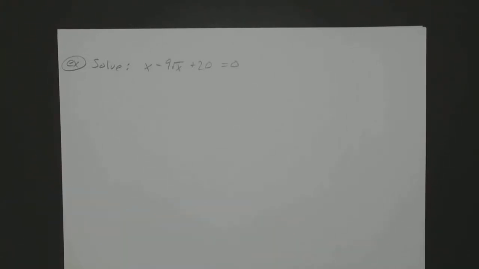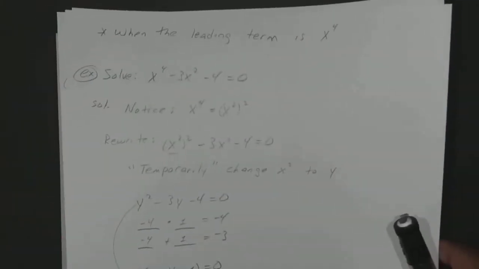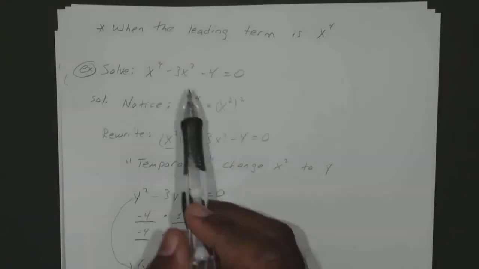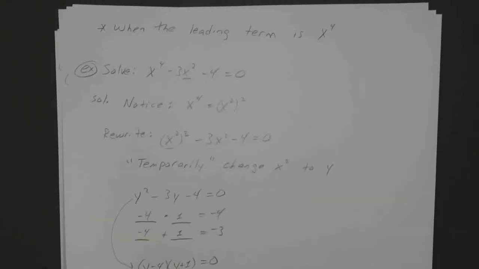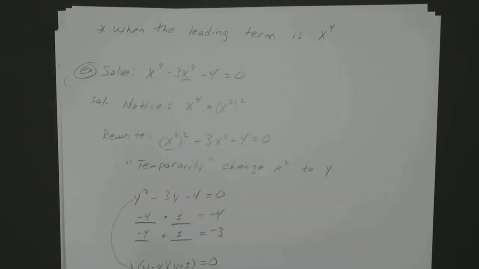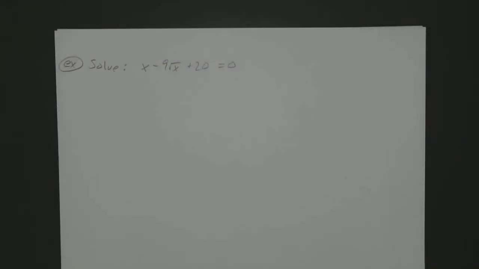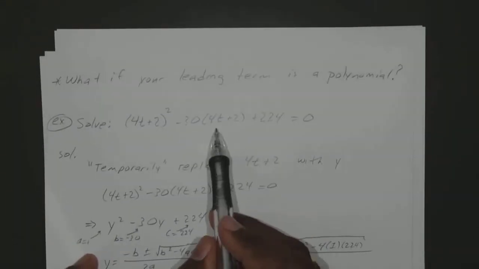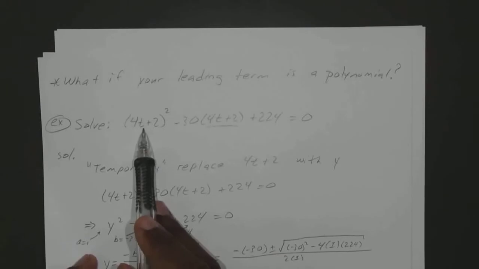If you notice for the first example we did, this middle term, you just made that middle term squared your first term.